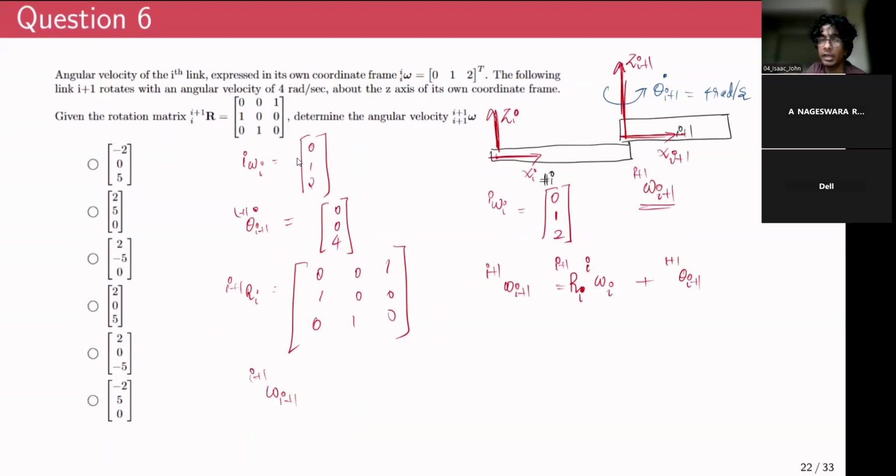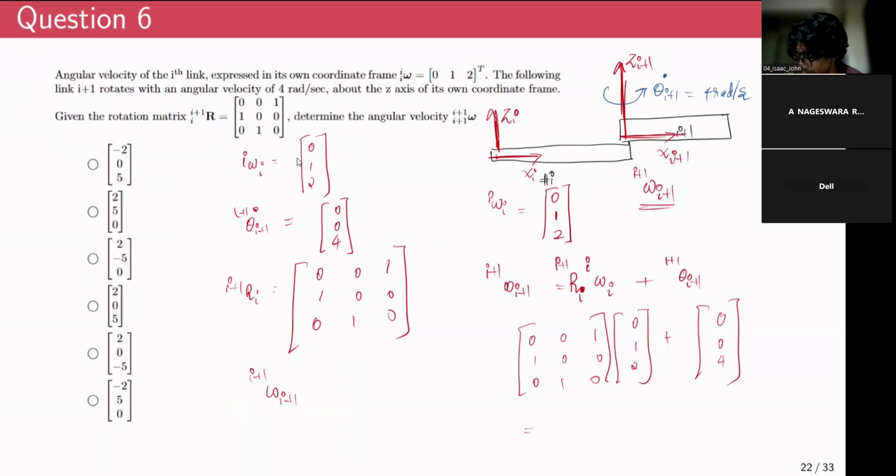So now, taking everything together, we'll have 0, 0, 1, 1, 0, 0, then 0, 1, 0. This multiplied by omega I, which is 0, 1, 2, plus the relative component, that will be 0, 0, 4.